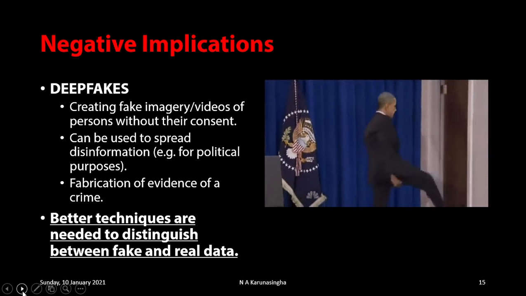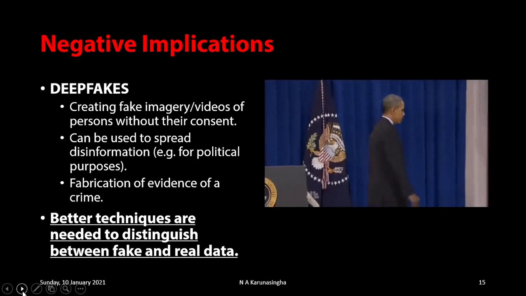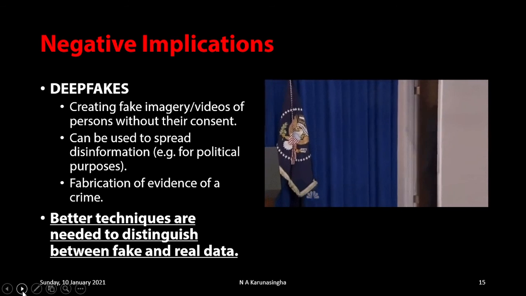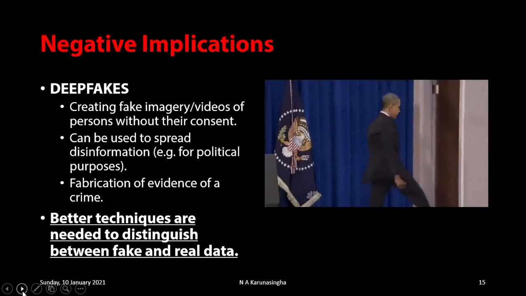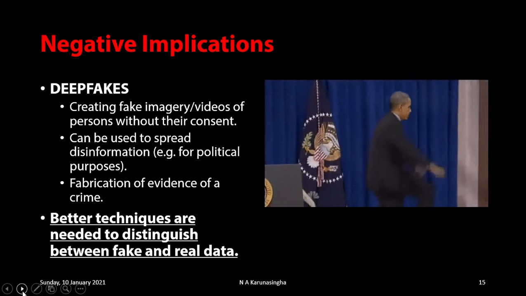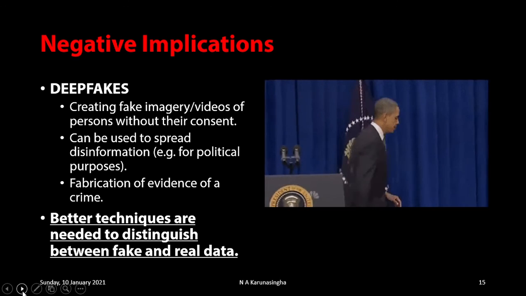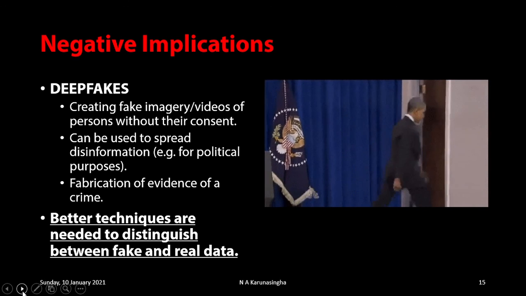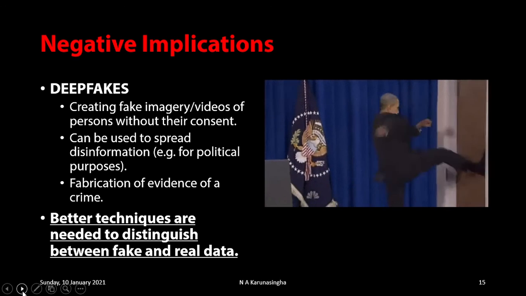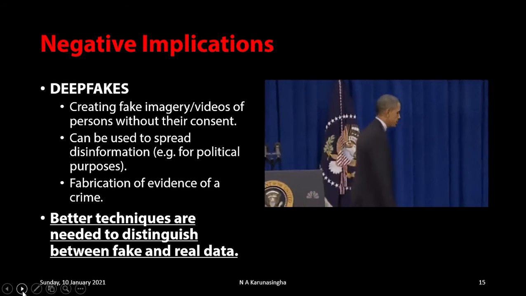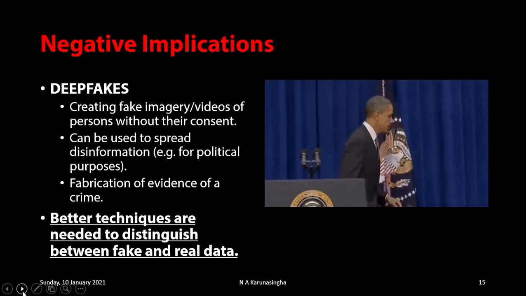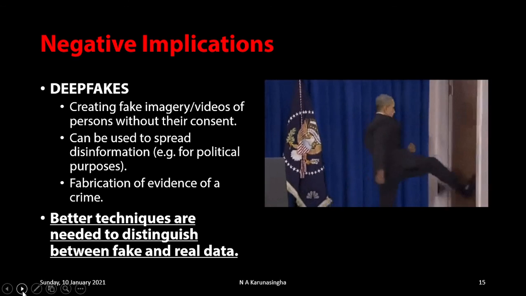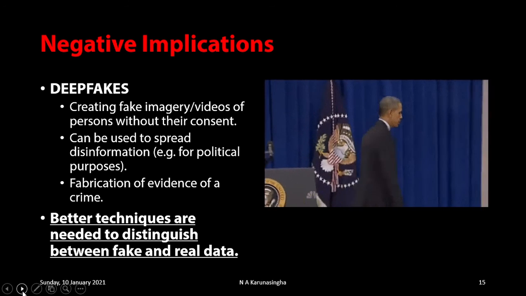So what are the negative implications of GANs? One of the biggest, when it comes to privacy and people's personal rights, is the concept of deep fakes. Basically creating fake imagery or videos of persons without their consent. These could be images that are indecent, that the real person wouldn't want to be out there, and such images and videos can be created without their consent.